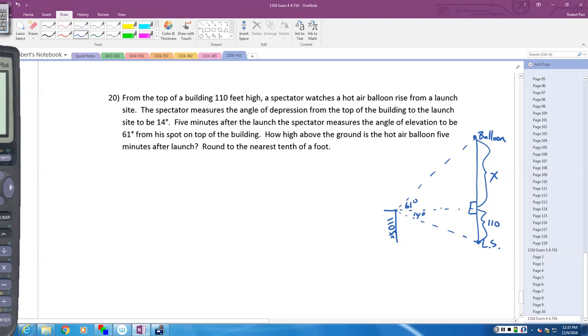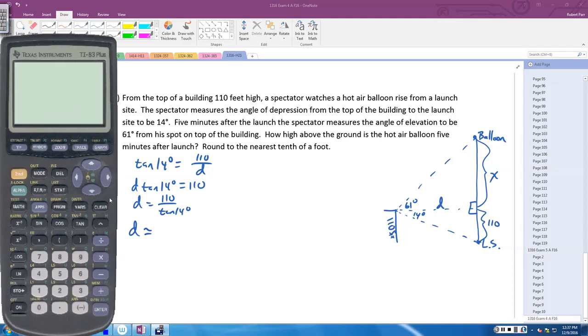I'm going to call this D, for the distance between the building and the path of the balloon, because I can find D from inverse tangent. Tangent of 14 degrees is 110 over D. So D is 110 over tangent of 14. So we find out that it's approximately what?